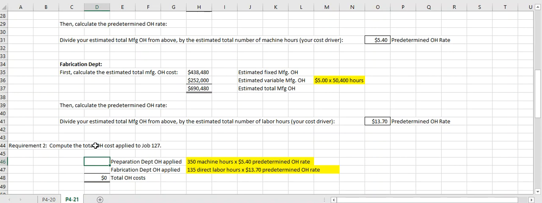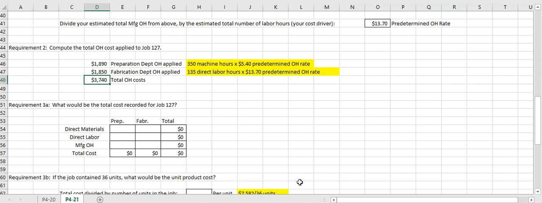So if I do the math, I'm going to get 350 hours times $5.40 for preparation and 135 direct labor hours times $13.70 for fabrication, which gives us total overhead costs allocated to job 127 of $3,740. And in the yellow, that's just my calculations, just FYI.